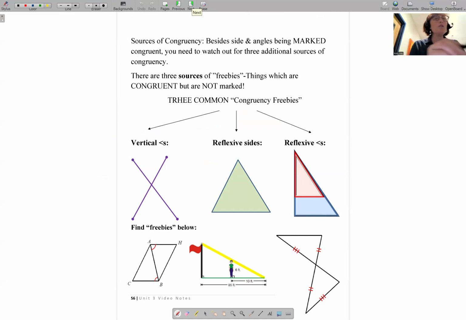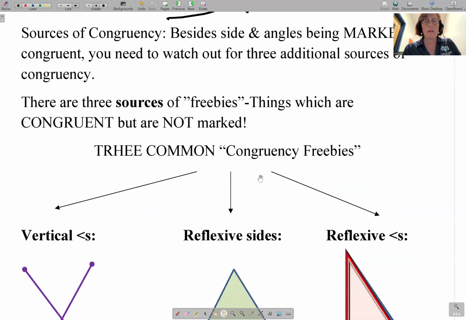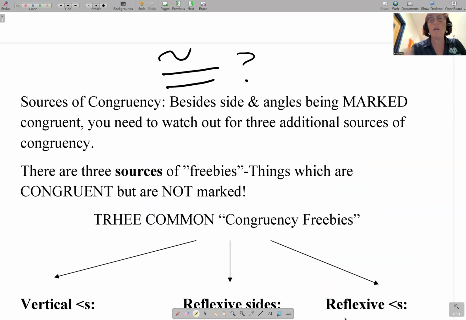Now, because we're talking about congruency, the question is, how do you know when things are congruent? One is things are just marked congruent with hatch marks.